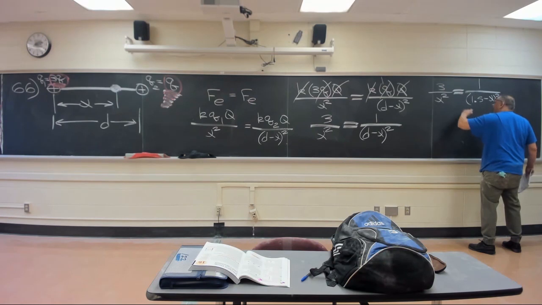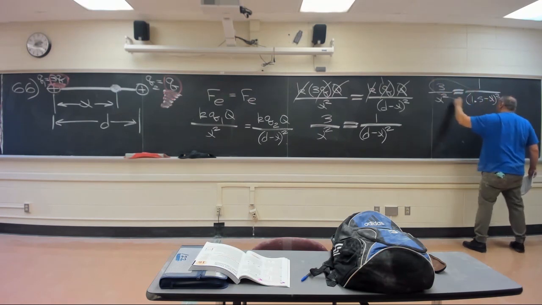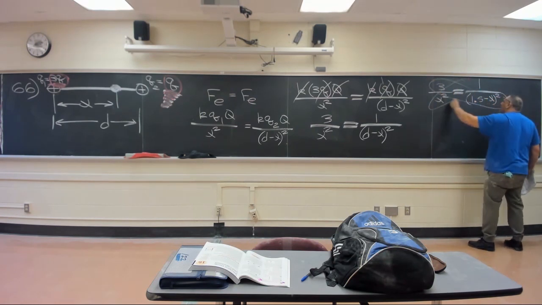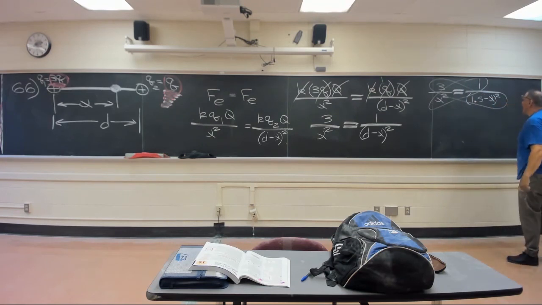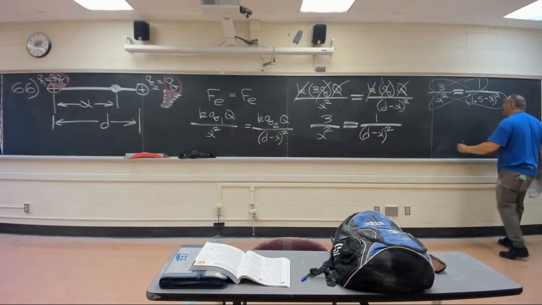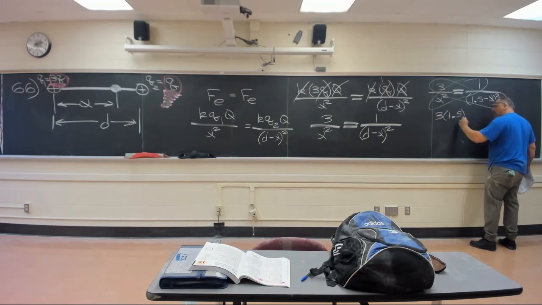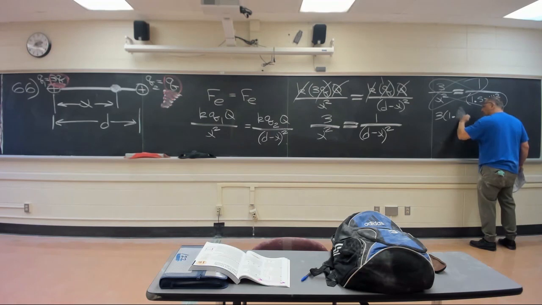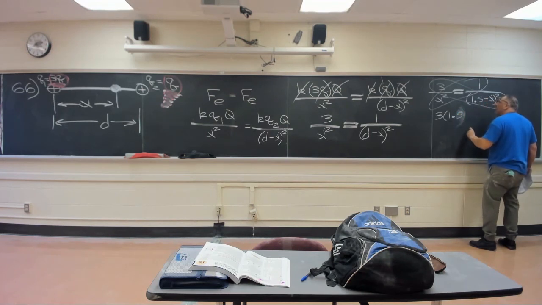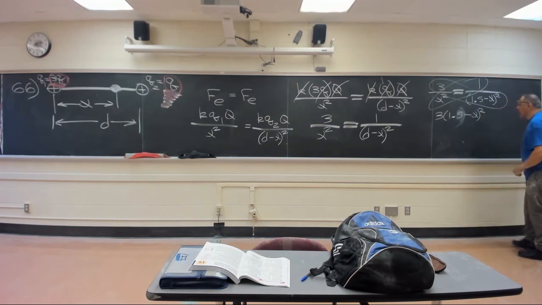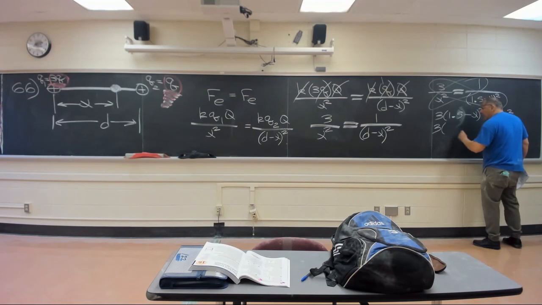Cross multiply. Yeah, we've been down this road before, right? I mean, you go 3 times the quantity 1.5 minus x squared, 1 times x squared. 3 is 3.